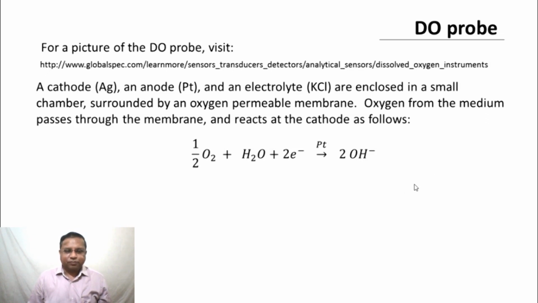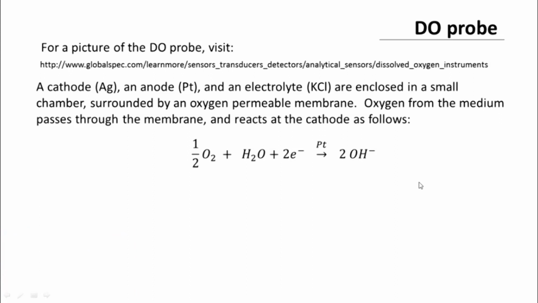At the cathode. I'll clarify that a little later. At the anode, you have silver plus chloride, giving you silver chloride plus electrons. These are the two reactions that take place at the electrodes.